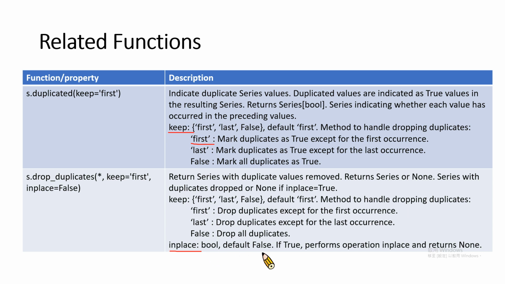If this parameter is set to true, then it performs the drop_duplicates function in the original series. So it will not return the result. It just does the drop or delete operation in the original series.